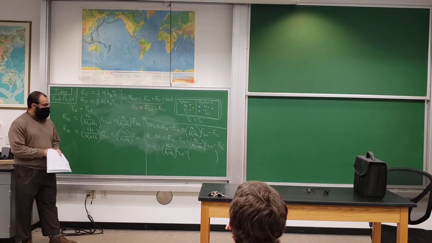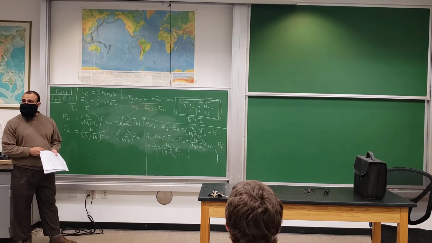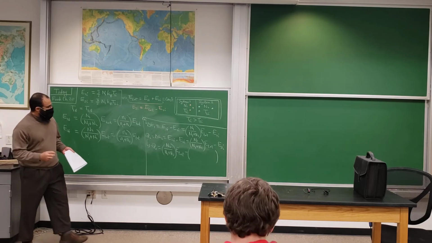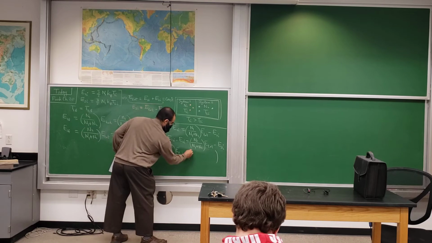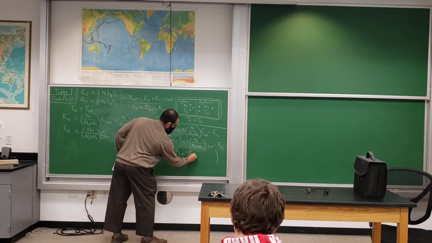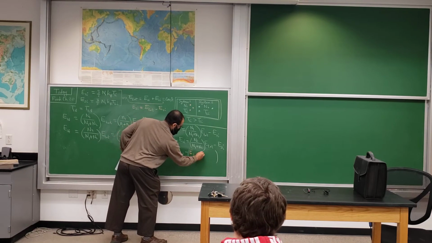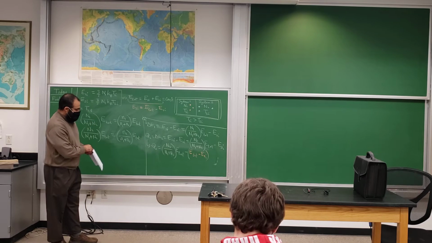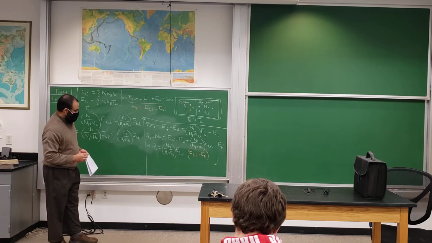I'm going to substitute that. And then it will involve a little bit of algebra. Actually, very little algebra. And then we will be done. It's equal to E total minus E1 initial.